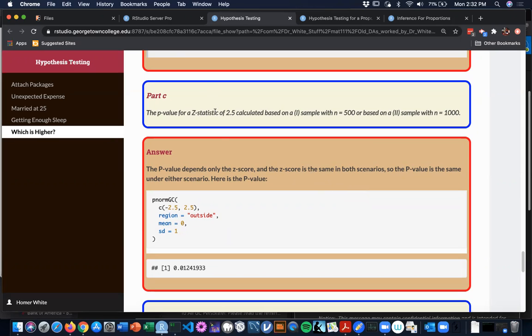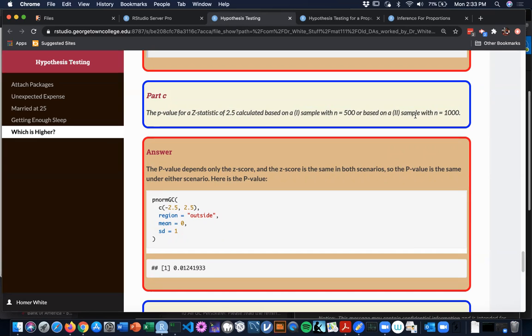Now here's something new. Consider the p-value that's based on a z-statistic of 2.5. And suppose that that statistic of 2.5 came out of some calculations with your sample. In scenario 1, the sample was size 500, and in scenario 2, the sample was 1,000. Of course, you would need to know more than just the sample size to get your z-statistic.